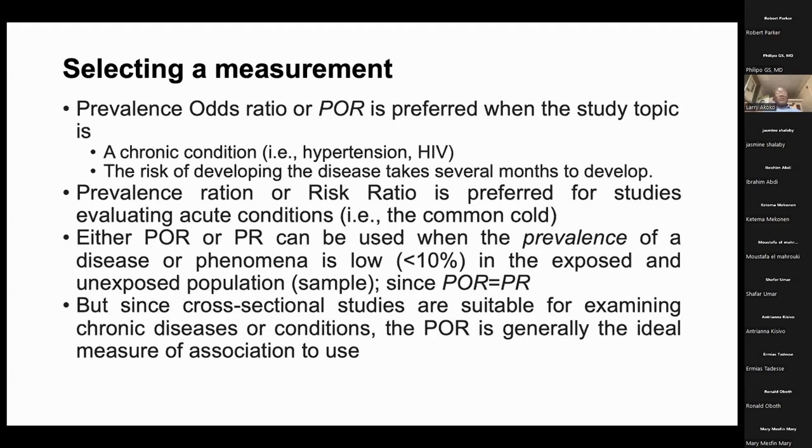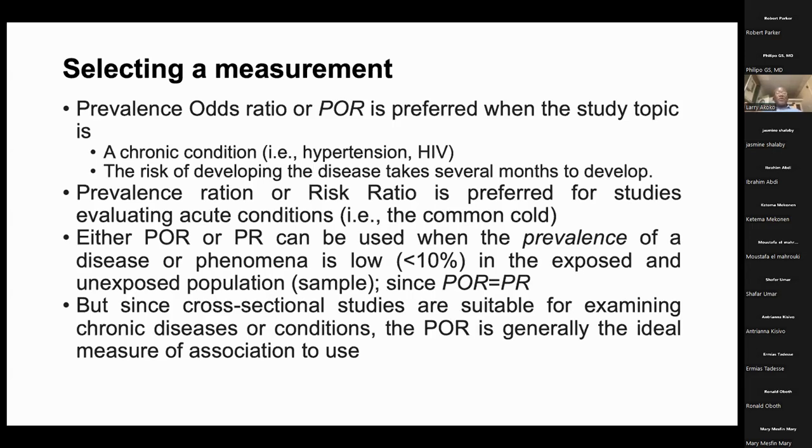So prevalence odds ratio is preferred when the study topic is a chronic condition, it means it will be existing with the population for a longer time, like hypertension, HIV, diabetes. These are chronic conditions. So you want to use prevalence odds ratio as a measure of effect.